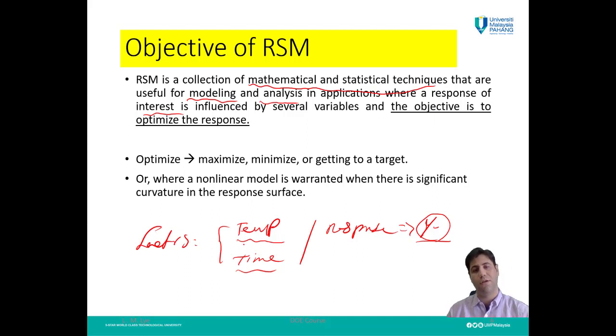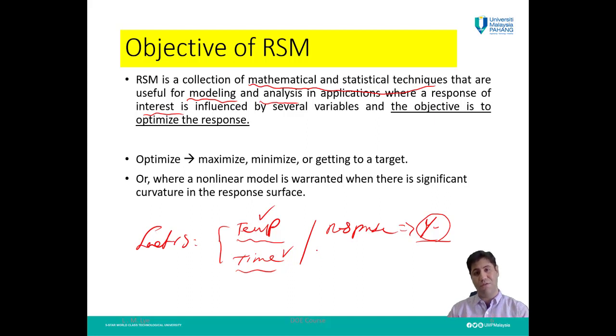So we will develop models, then we will check if our model is significant, and finally we will find the temperature and time at which we have, for example, here in this example, the maximum yield of that process.